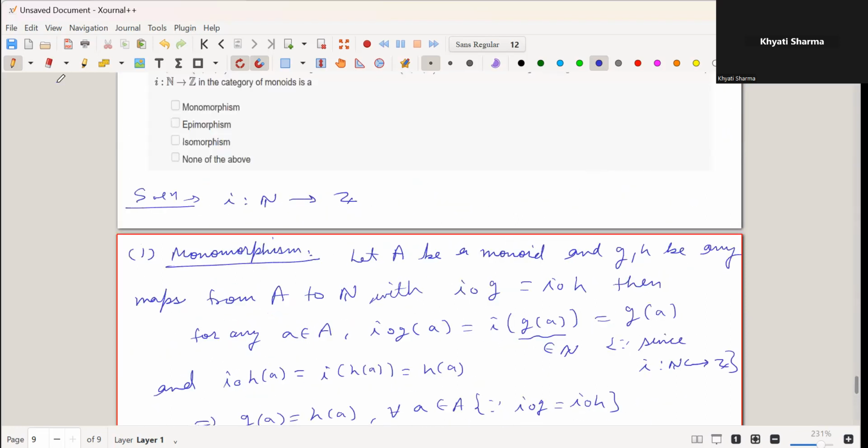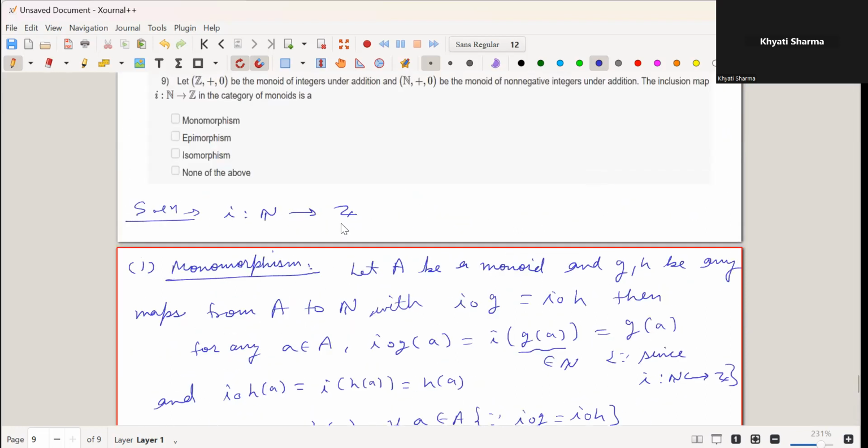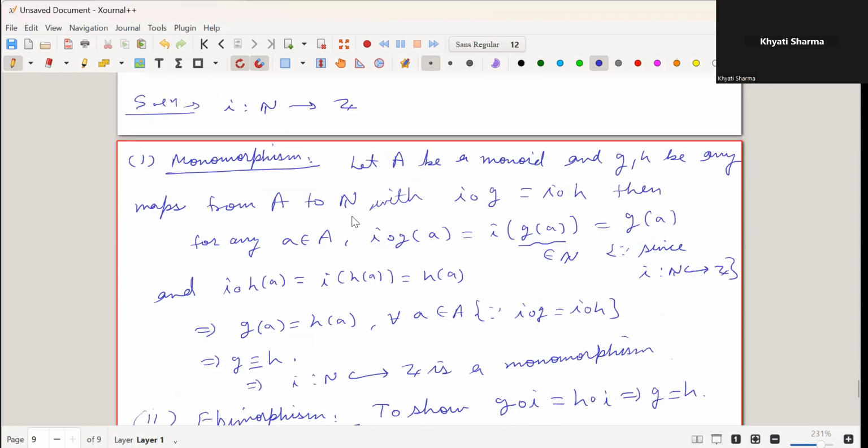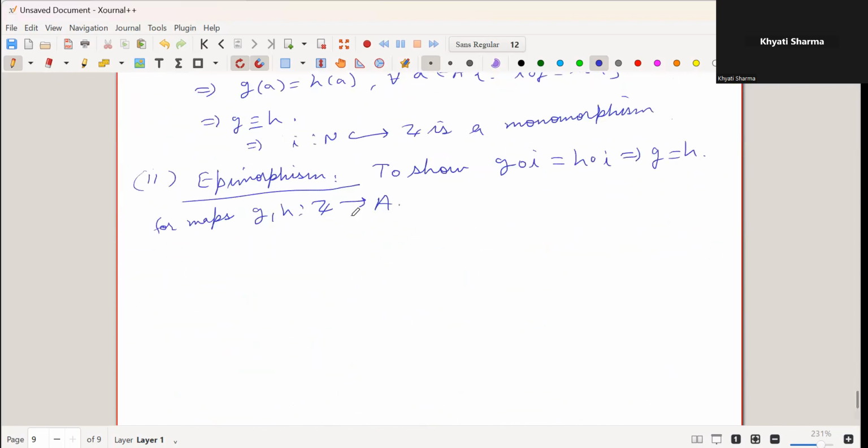Here the codomain is Z. For any map from Z to A, we need that if G∘I equals H∘I then G equals H, for maps G, H from Z to A, where A is any monoid.